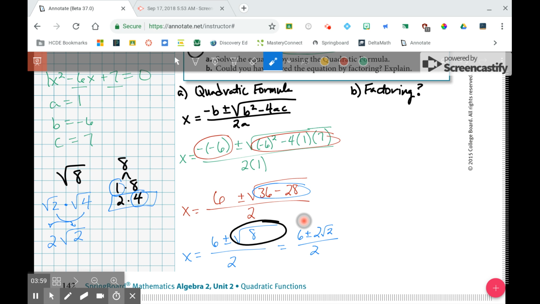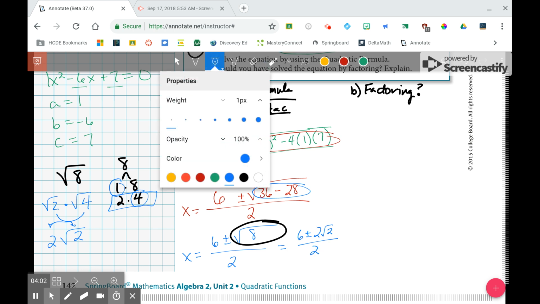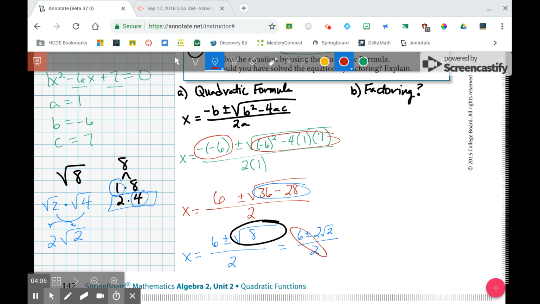Well, is there something that you notice that both of these numbers can be divided by? Like, can we divide both of these numbers by 2? Yes, we can. Right here, 6 divided by 2, that's 3. And then we have plus or minus. This 2 square root of 2 divided by 2, well, again, the 2's would just cancel.